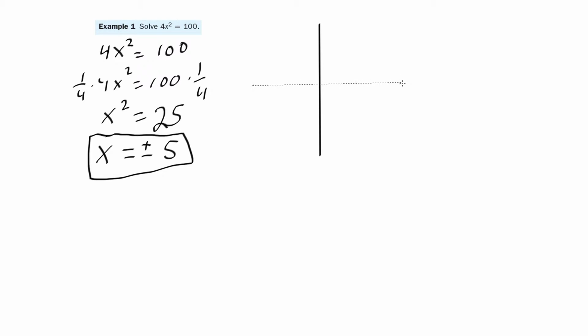Okay, there's a nice graph. It's going to be x, this will be y. And I now want to make a graph for the equation of 4x squared equals y. Not 100, y. I'm just looking for kind of results from the calculation that I can use to help me with this.